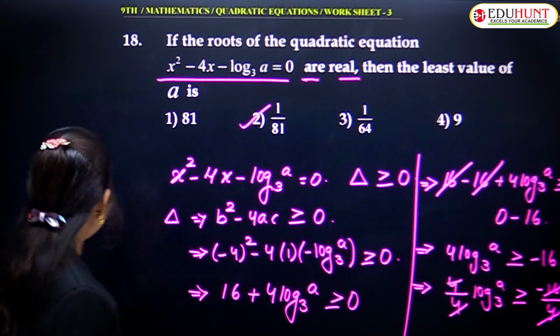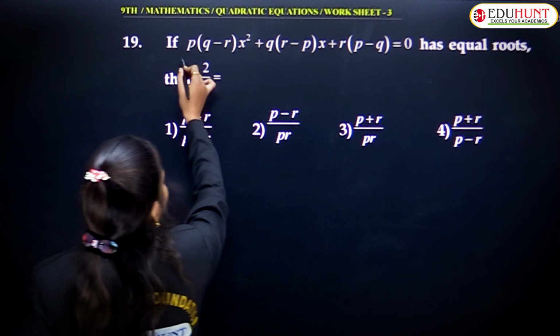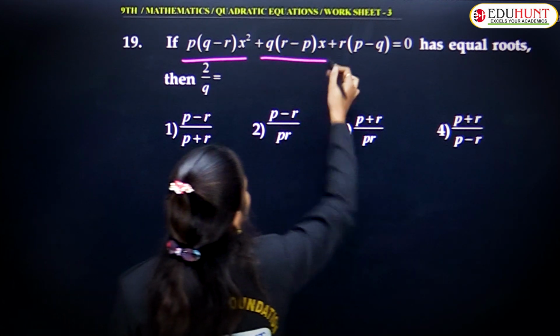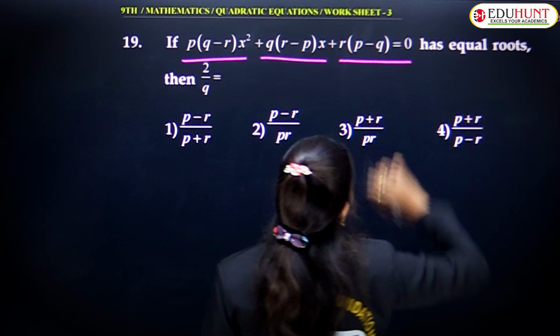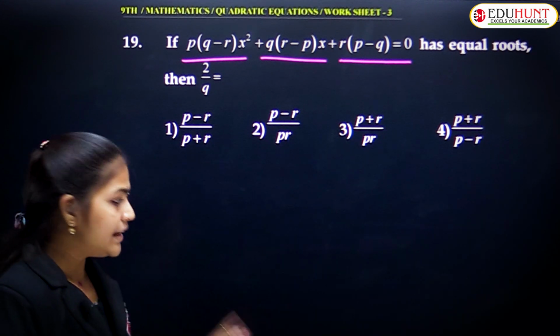Yes. So see that next question. So children, see that next one. If p into q minus r into x square plus q into r minus p into x plus r into p minus q is equal to 0 has equal roots. What they are saying? Equal roots.